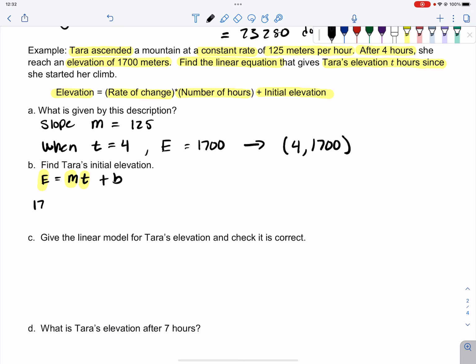So we have that 1,700 is equal to our slope of 125 times 4 plus that unknown initial height, which we're calling b. So now we can take this equation and solve this for b.